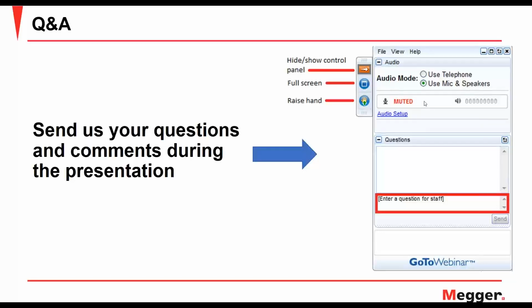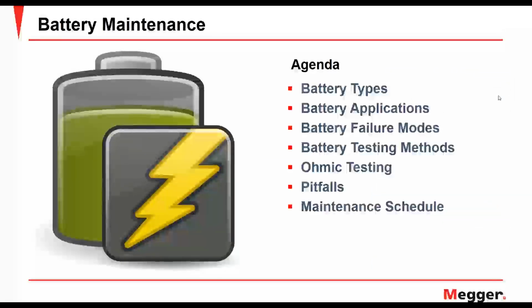Our agenda for today is very light. We will first talk about battery types and battery applications, where we can use them, and some important information about them. Then we're going to talk about failure modes in batteries, why they happen, how we can overcome them, and what this failure mode means to us in testing.